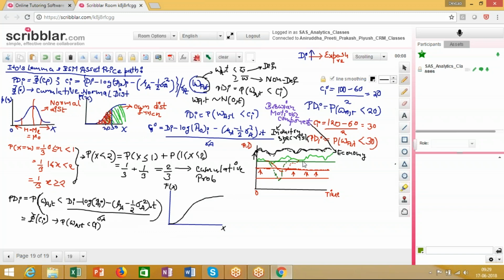Now let's take this case. I say that Ci is less than 20. So basically, the probability of default is the probability that the random variable, the WAT, takes a value which is less than 20.